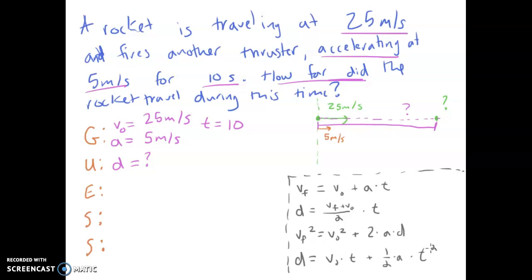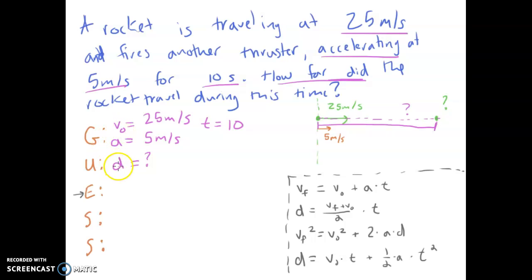So those are our 4 kinematic equations, or the big 4, as I've been calling them. And now our job is to just do a little bit of matching. That's really all we do when we're trying to determine what to put as our equation.